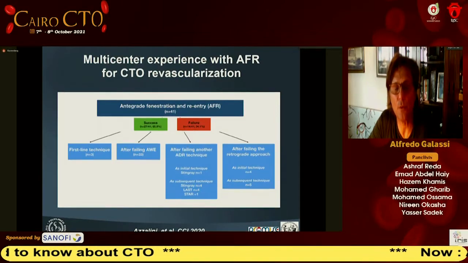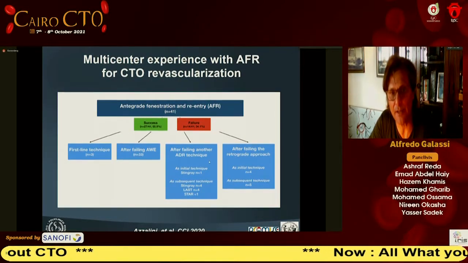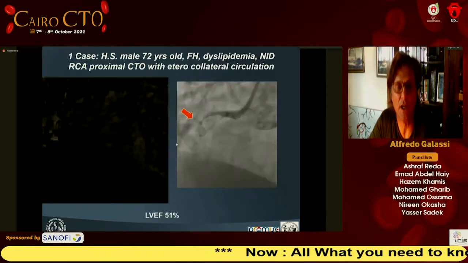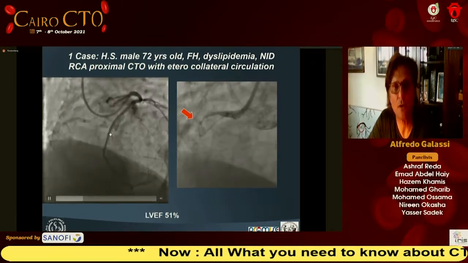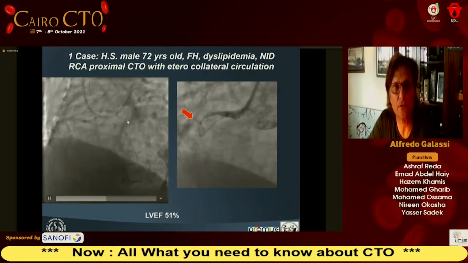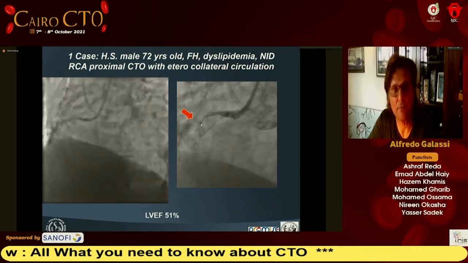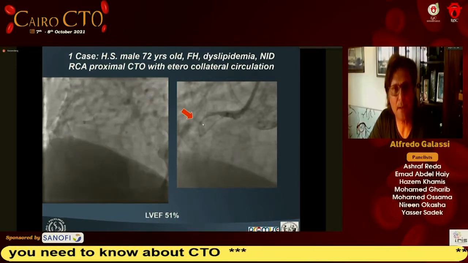We did 41 cases, sometimes as a first-line strategy, sometimes after failing another ADR technique, sometimes after failing the retrograde approach. And I will show you now one of the cases, just to show you what the issue is. This is a very difficult case with a difficult retrograde approach and a very unclear antegrade stump.